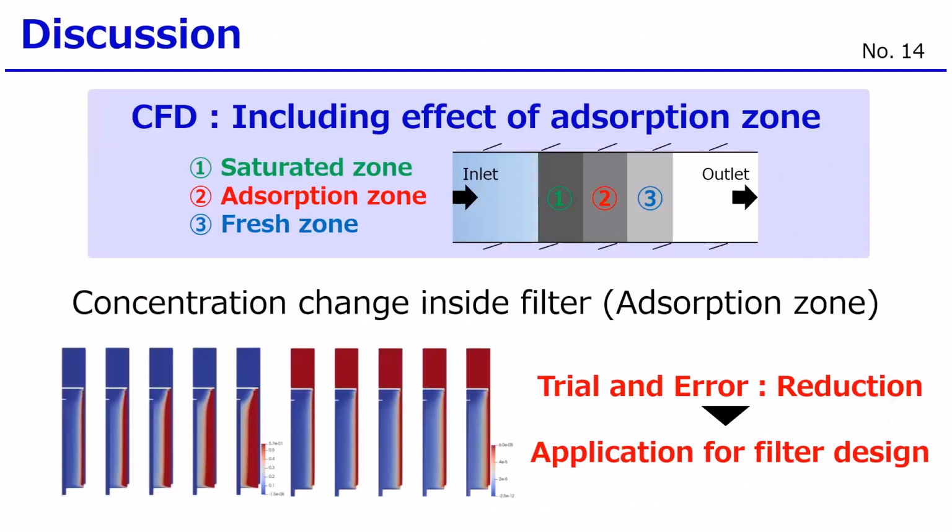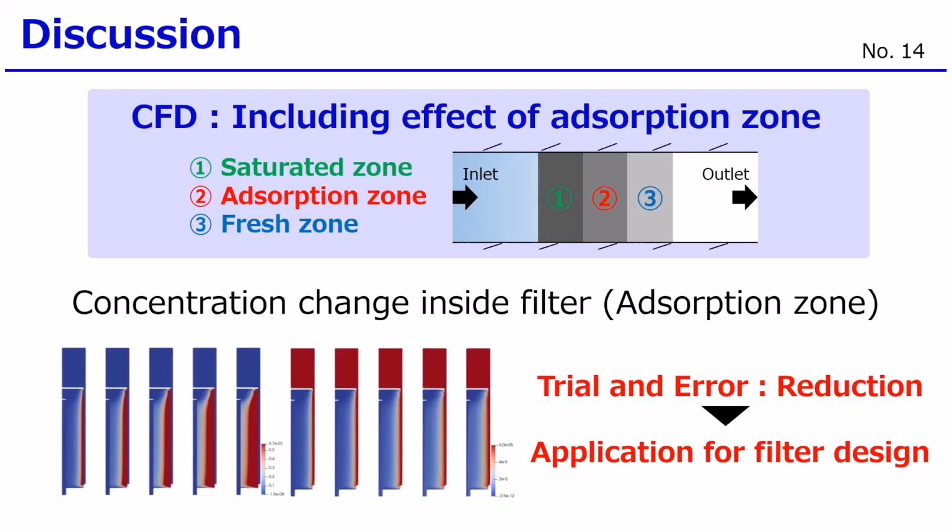This is a discussion. The adsorption packed bed is divided into 3 zones: a saturated zone, an adsorption zone, and a fresh zone. In the saturated zone, the adsorption is finished. In the adsorption zone, the impurities are being adsorbed.